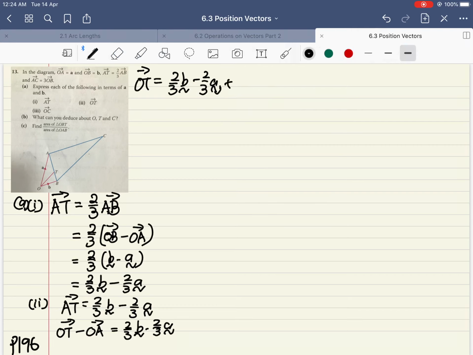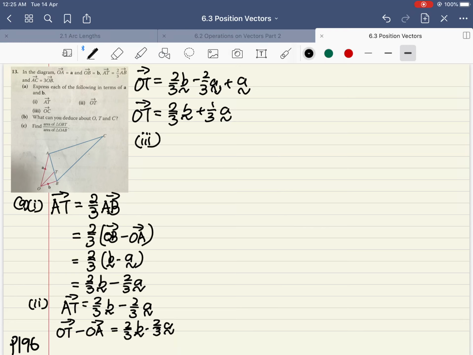But what I'm going to do is rewrite OA as plus A. So vector OT is 2/3 B plus 1/3 of A. So that's part 2.